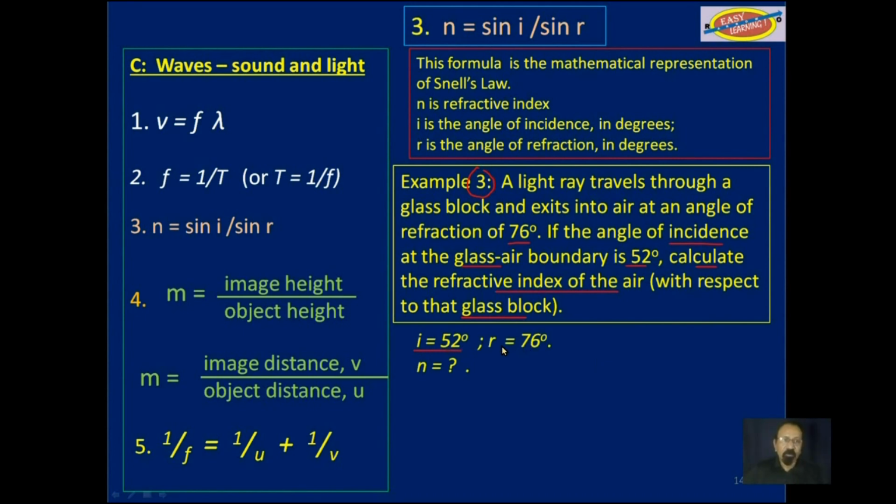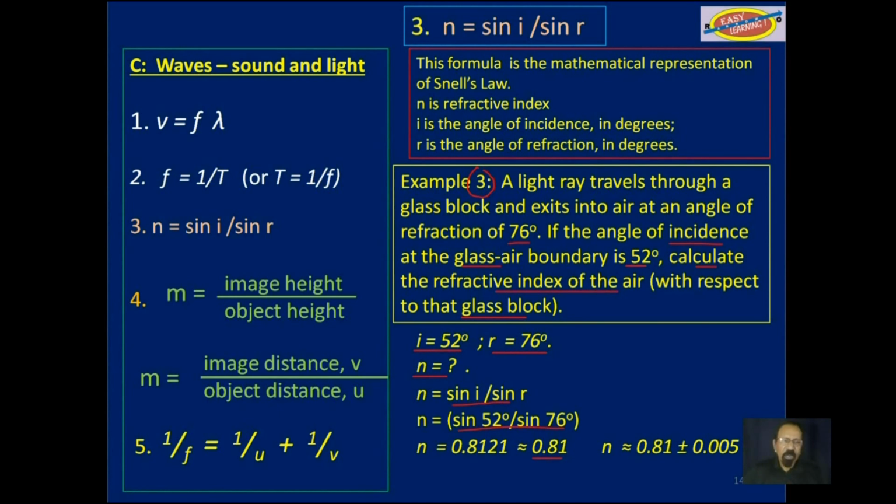We know that the angle of refraction is 76 and that is in the air outside the glass block. We want to find N. We are moving from a dense to a less dense medium, and so N is equal to sine I over sine R. We substitute the numbers we are given and we get a refractive index of 0.81.